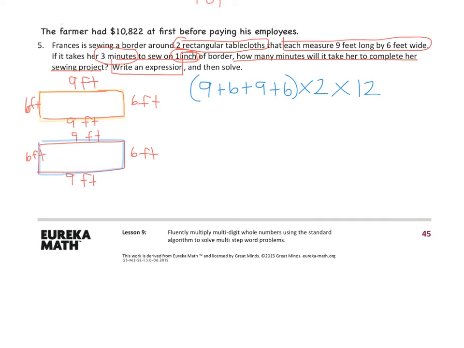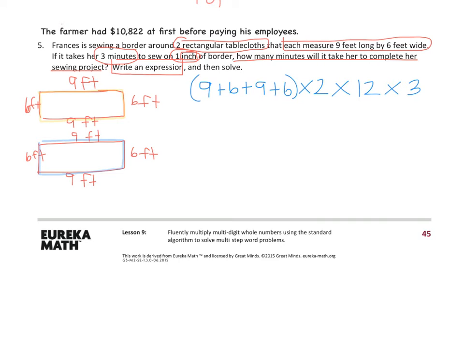And once we figure out how many inches, then we have to multiply it by the 3 minutes it takes for every inch that she sews. So here is our expression. It looks kind of complicated, but I think we can break it down quickly to help us solve.